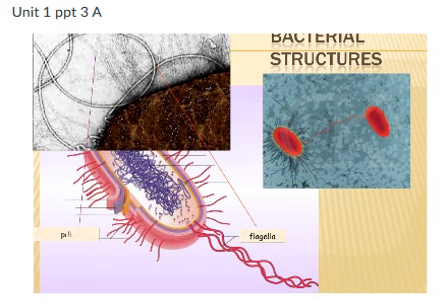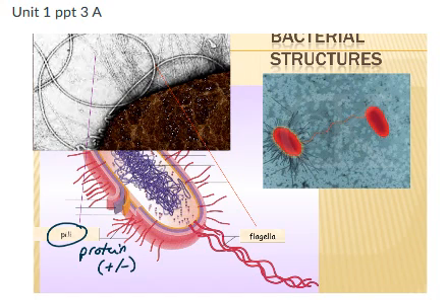So first we're going to look at pili. Pili are essentially little appendages hanging off of the edges of the bacteria. Their composition is that they are made of proteins, and they are found in both gram-positive and negative cells.